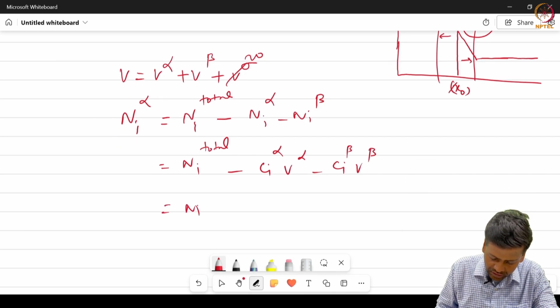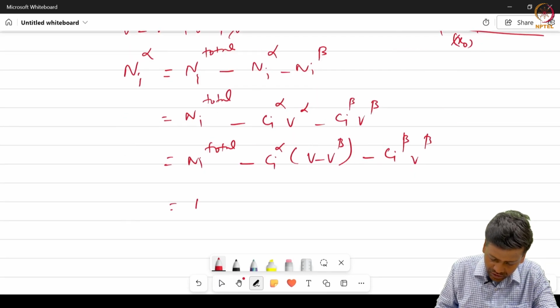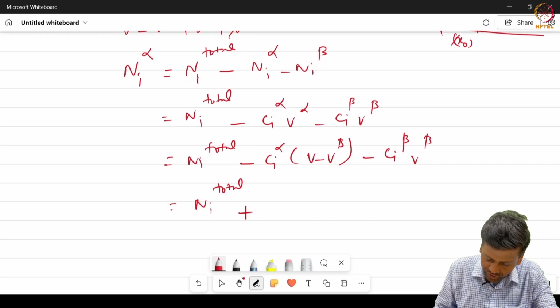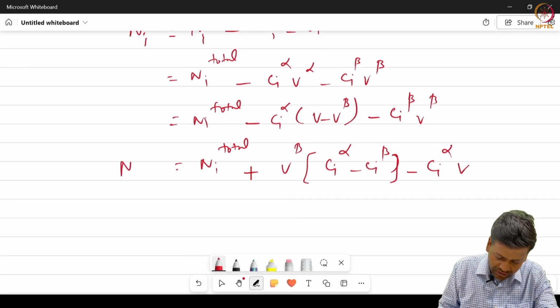Now I can modify this. V alpha I can rewrite as V minus V beta, minus Ci beta into V beta. So if you rewrite this, you can write Ni total, V beta is common, then Ci alpha minus Ci beta, and minus Ci alpha into V. So this is Ni alpha.